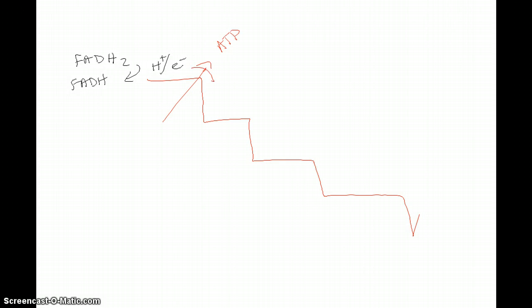The electron, the H plus and e negative, is given off and it goes down this gradient. Each time an ATP is produced as it goes down. And there is something right down here waiting for these electrons to come, and that is oxygen.